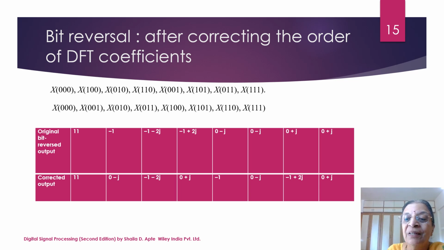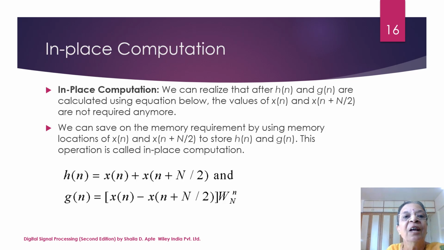Okay. Another algorithm is also there which works as the decimation in time algorithm. Now let us see what is in place computation. In place computation deals with the number of memory values that are required for computation. So let us consider this Hn and Gn.